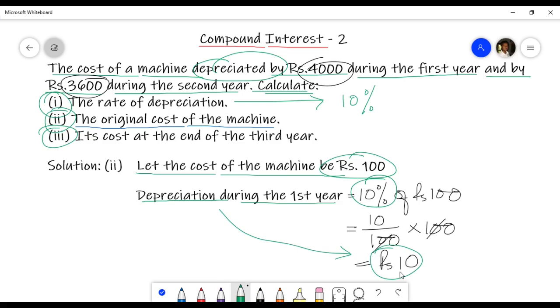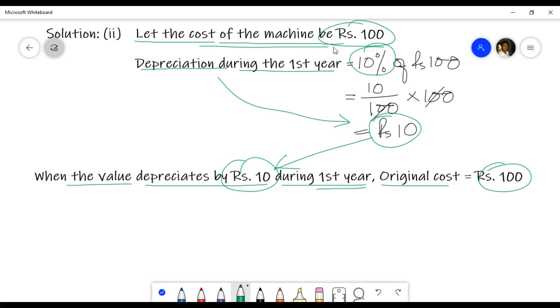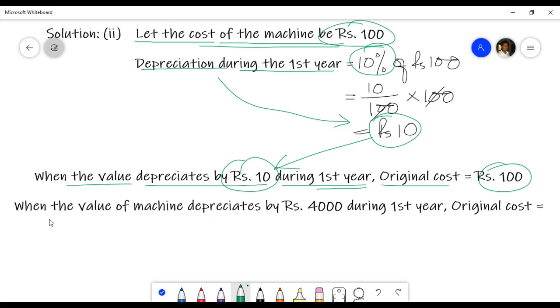So this is the depreciation during the first year, rupees 10. Now when the value depreciates by 10 rupees during the first year, the original cost was 100 rupees. We have assumed the original cost to be 100, then the value depreciating would be 10 rupees.